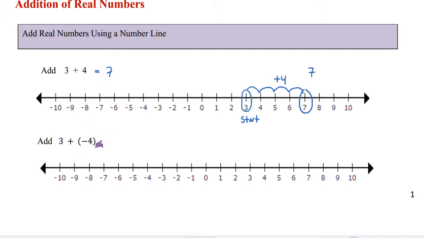3 plus -4, so you can do the same thing as your start. But since we're adding -4, you're going to go in the opposite direction. So 1, 2, 3, 4. Right, so here's your end value.